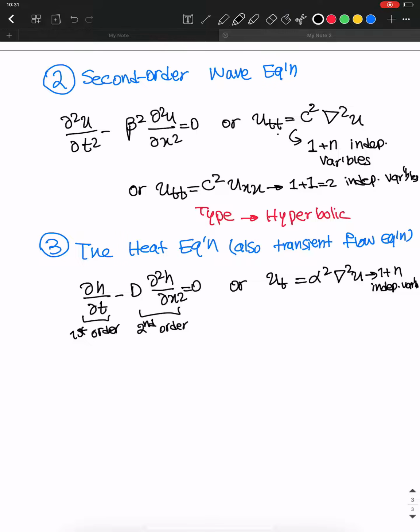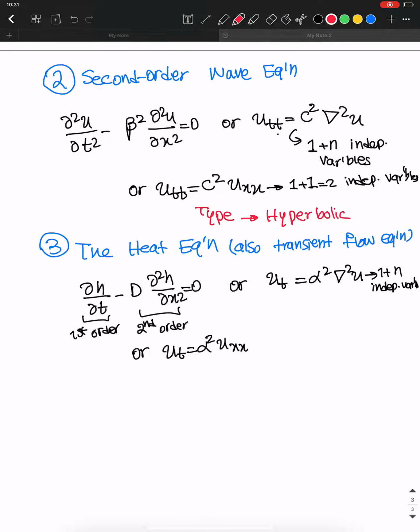If u has one dimension, we can write ut equals alpha square uxx.